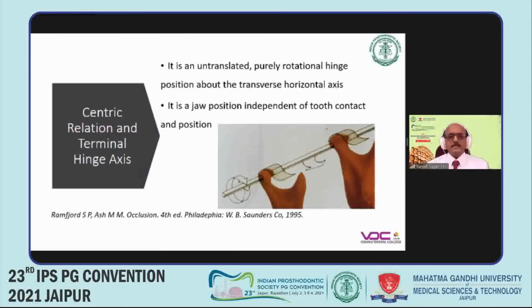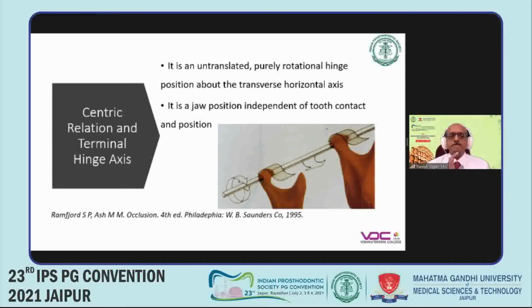The centric relation and terminal hinge axis: we observe in the definition that it is said to be an untranslated hinge position. So it is directly related to the hinge axis. The mandible can move in a true hinge axis only when the condyles are in the centric relation position. Only then can it move.